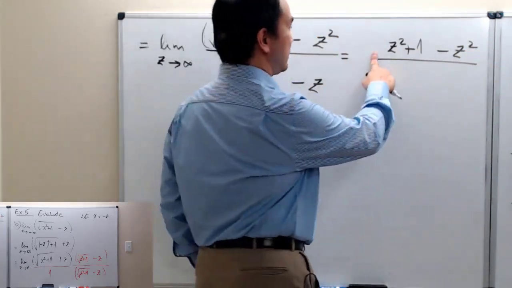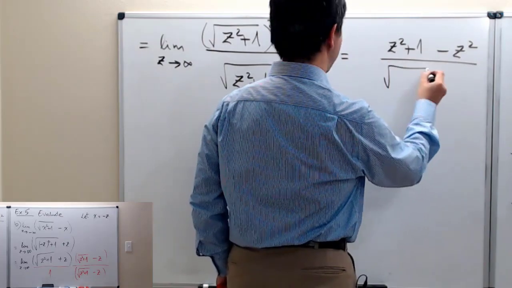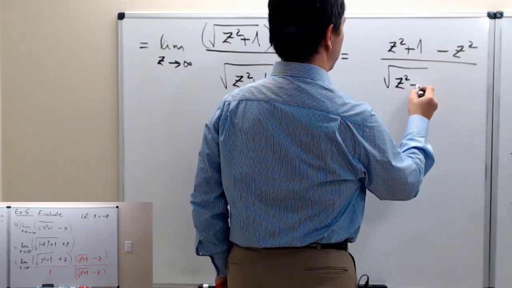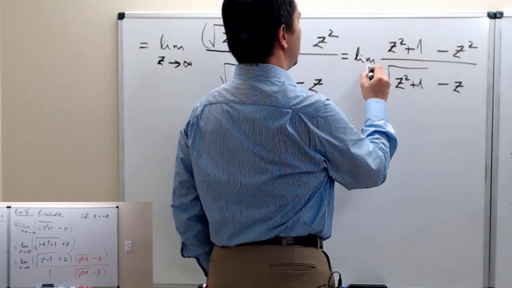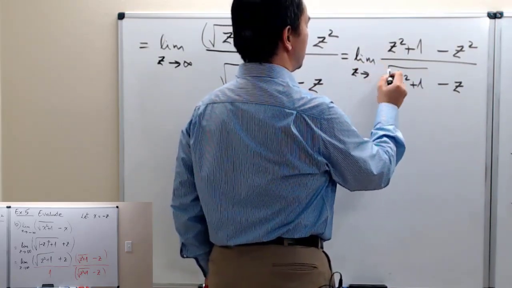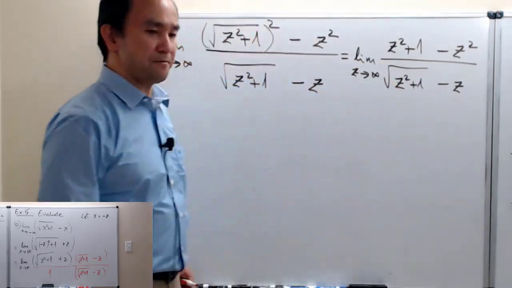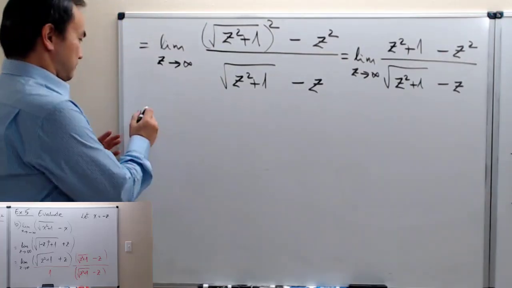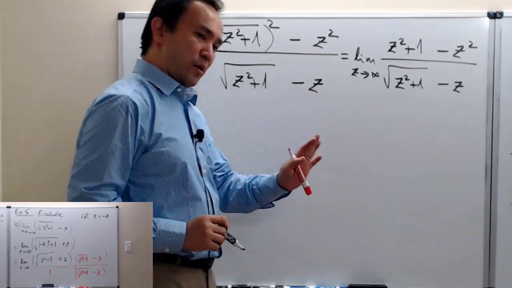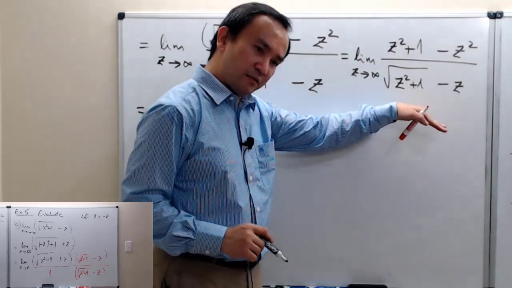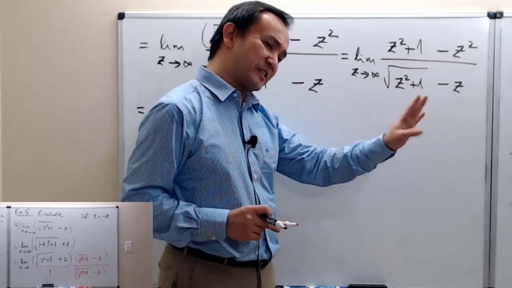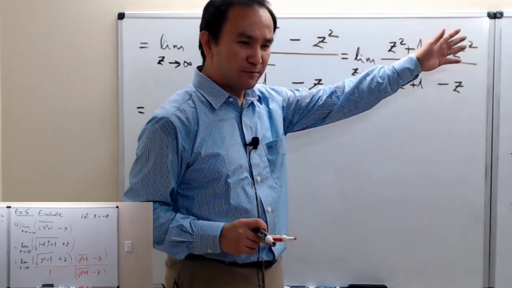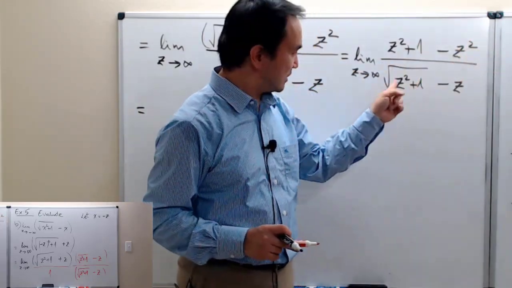In the denominator, the square root of z squared plus 1 minus z, and this is the limit as z goes to positive infinity. So the example is going in pretty much the same direction as example 4 part B, where there was that square root.